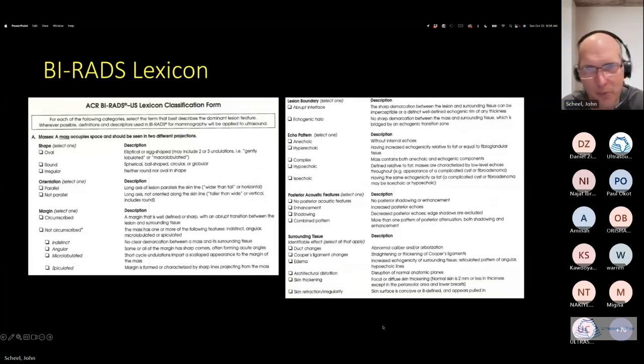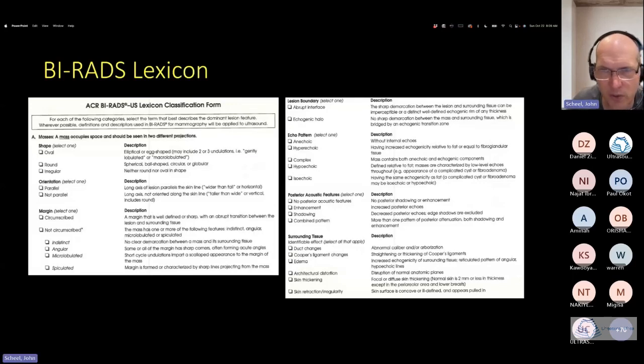So BI-RADS has a lot of terms and definitions for describing things, and here is a list of them. You have shape, orientation, margins, lesion boundary, echo pattern, posterior acoustic features, surrounding tissue. For those of us who only do breast ultrasound, it is important to have a very nuanced grasp of BI-RADS.